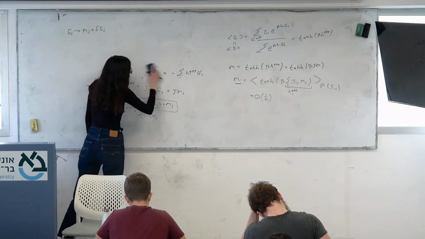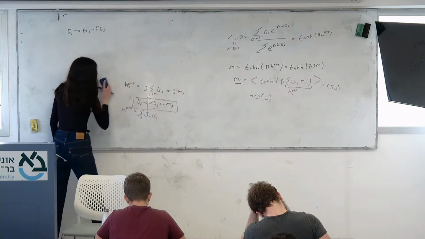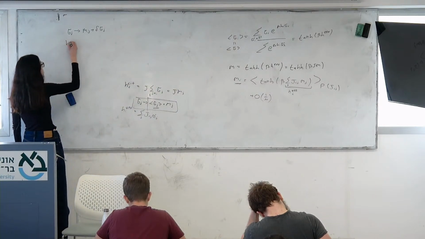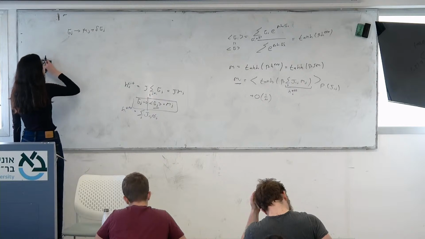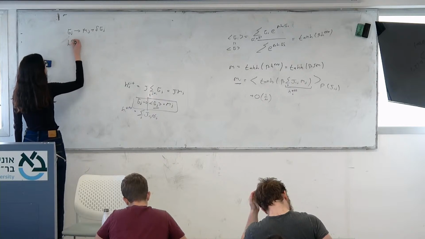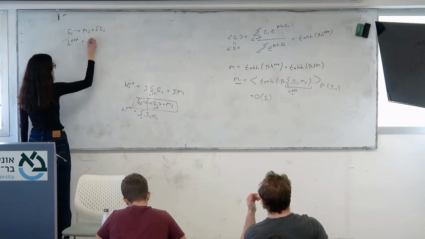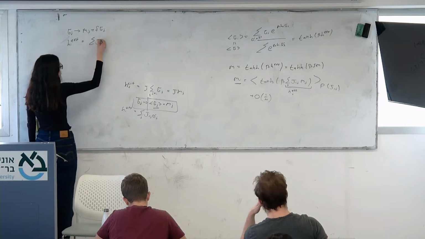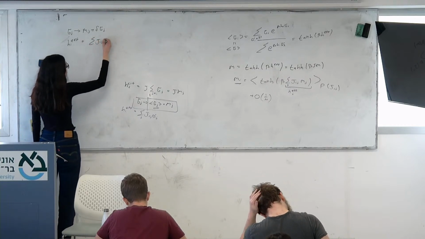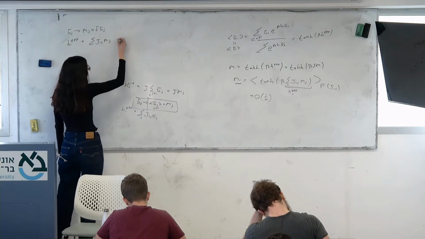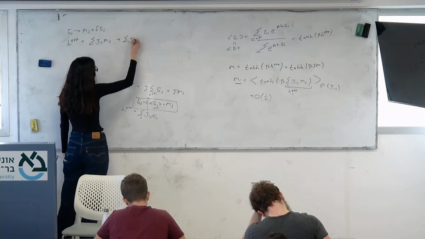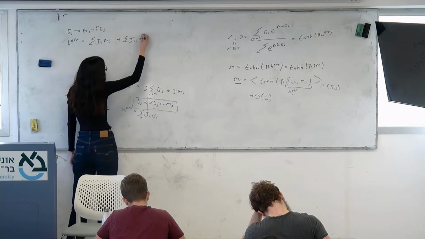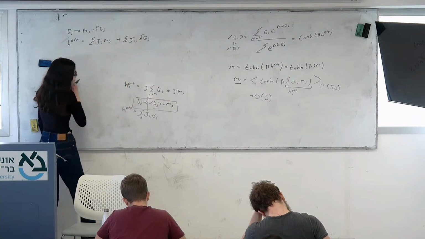So now the effective field is equal to the sum of Jj mj plus Jj delta sigma j.